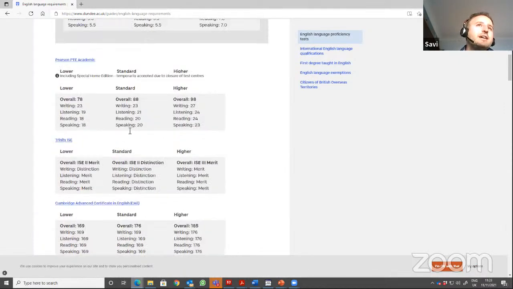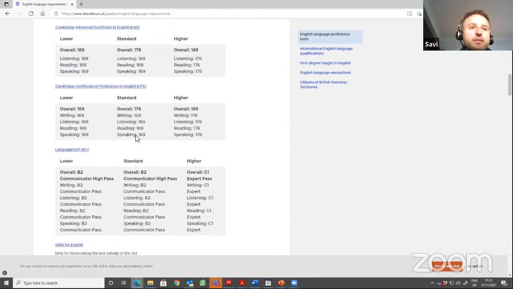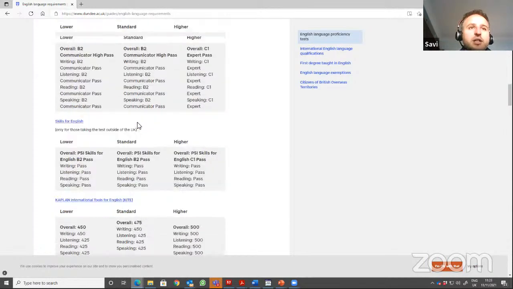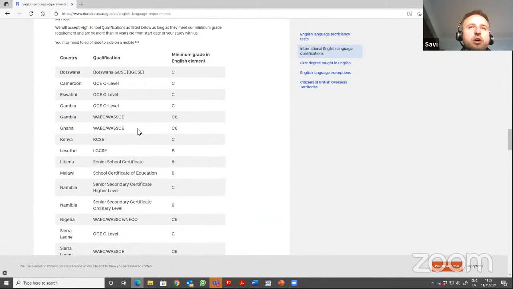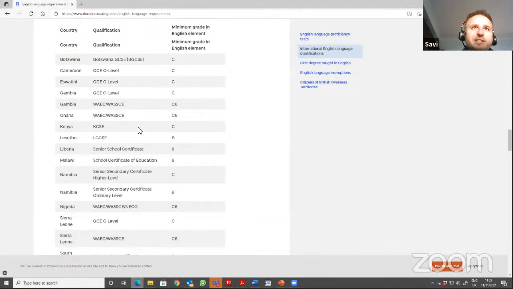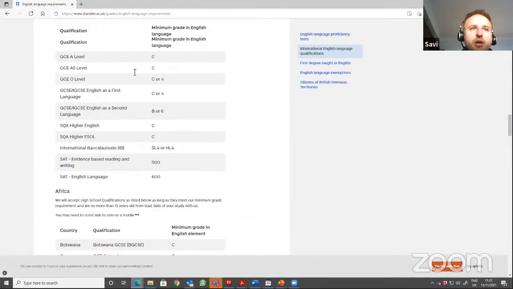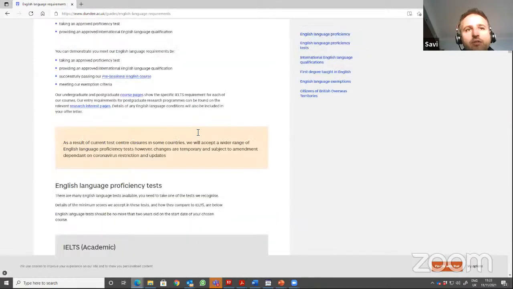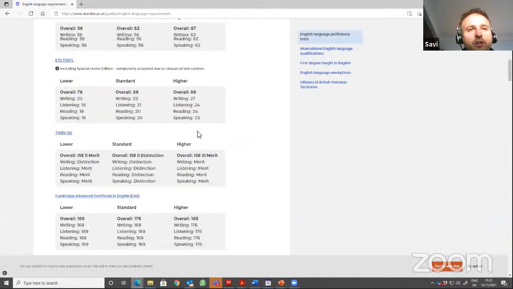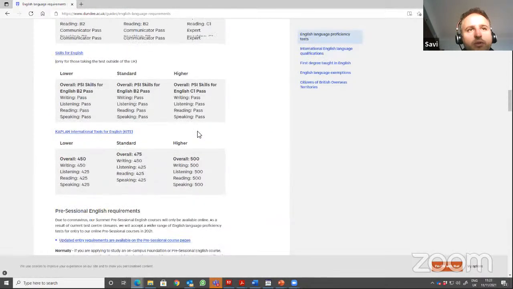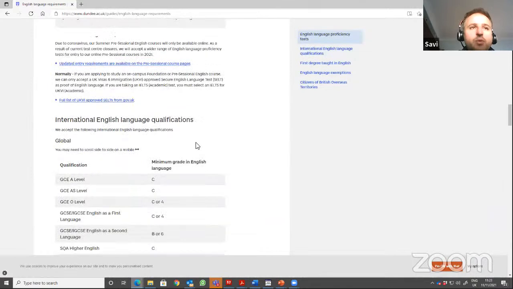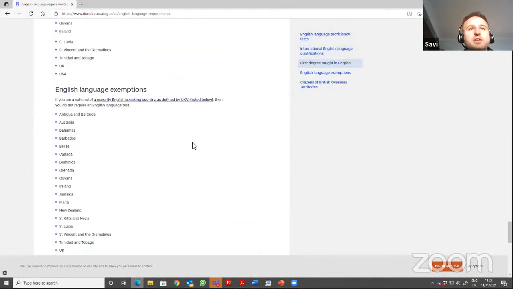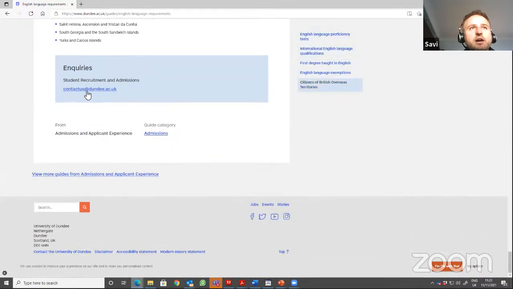Honestly, it's always relevant to ask this kind of question to admissions. If you go to the website and look for the English language requirement, you can always find contacts. If not here, you can go into the entry requirements. You will find a contact which will lead to the admissions people, because there is a contact us here, recruitment and admissions, and they will be able to respond.